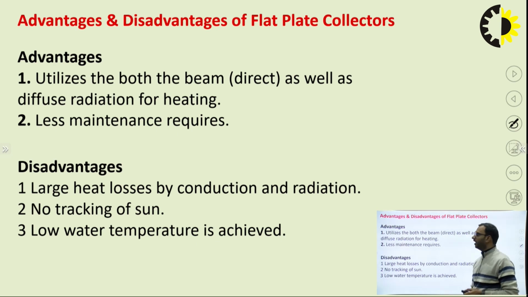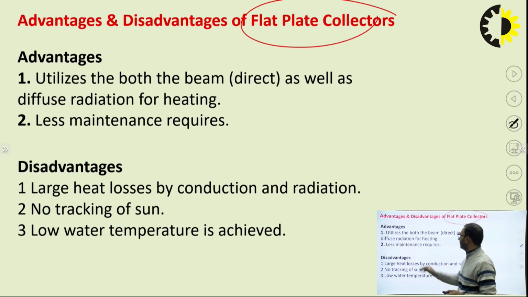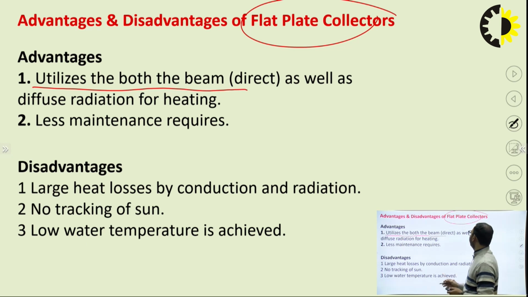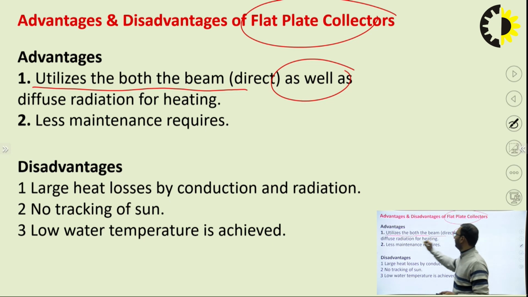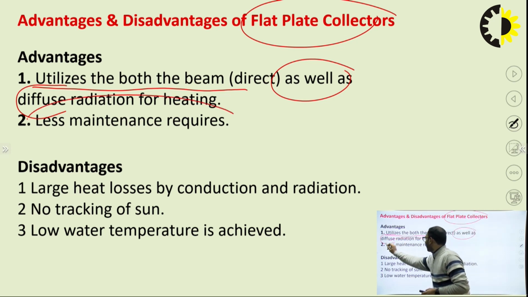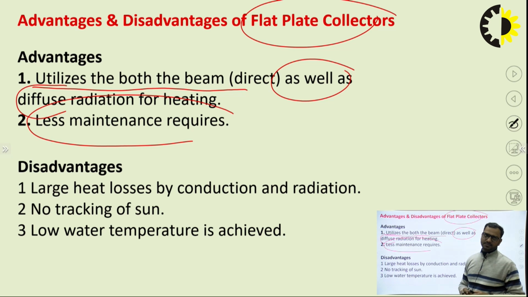Now, if we are talking about advantages and disadvantages of flat plate collectors, so its advantages are, first one is it utilizes both the beam means direct as well as diffuse radiation for heating. So, it can deal with both type of radiation. And second one is it requires less maintenance.